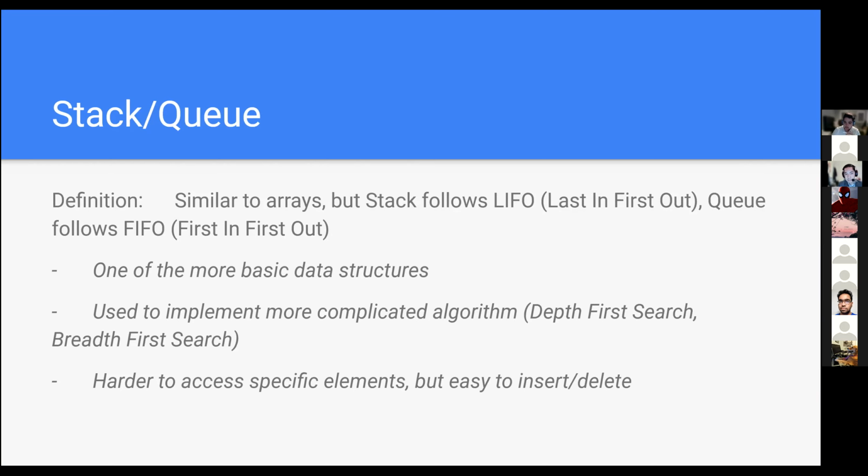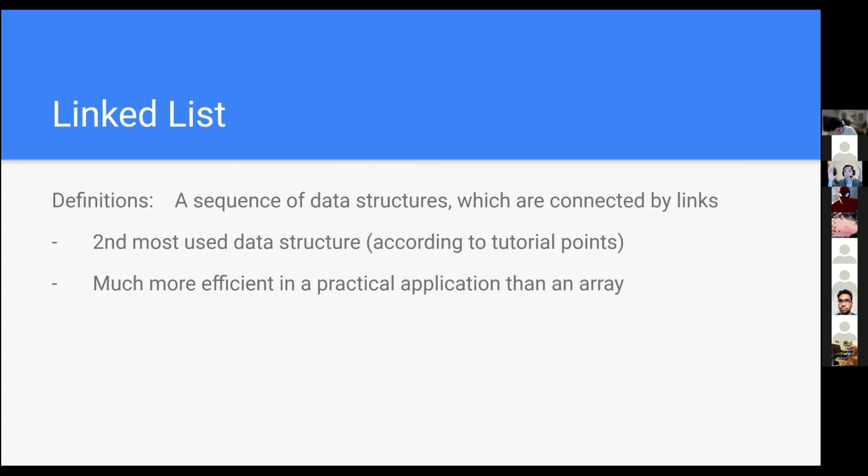What I mean by that is that an array is allocated in memory with specific blocks, right? With a linked list, every time you want to extend the list, you just allocate a node and then have the previous node point to it. So that's why you're going to see it more in a practical application.